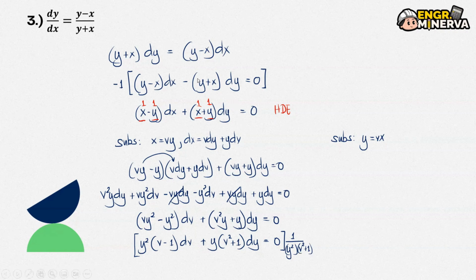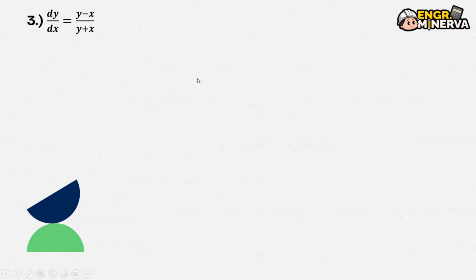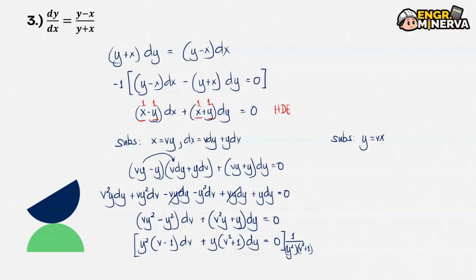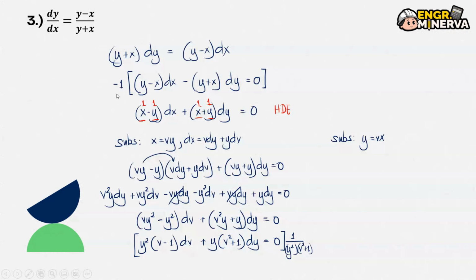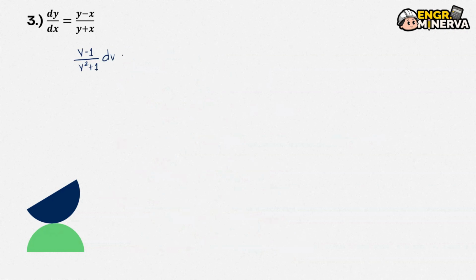So our resulting term would be v minus 1 over v squared plus 1 dv. Okay, that is our first term. Our second term would be y over y squared equals 0.